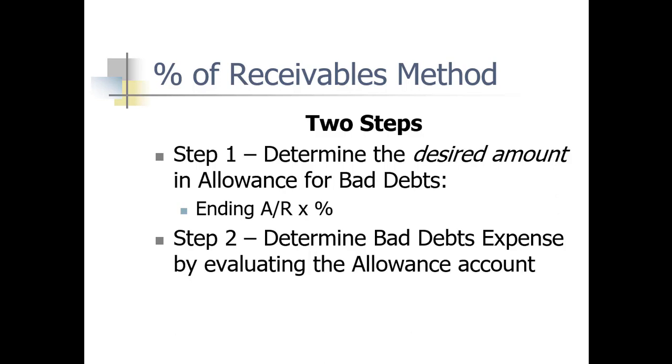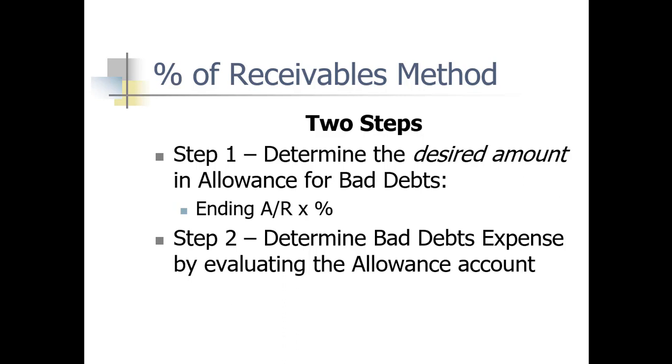We do that by multiplying our accounts receivable at the end of the period by a percentage that we expect not to collect. So when we're basing it on accounts receivable, one more time, the answer that we get in that initial formula, it's not our bad debts expense, it's our desired balance of the allowance for bad debts account. So we add that extra step to it then.